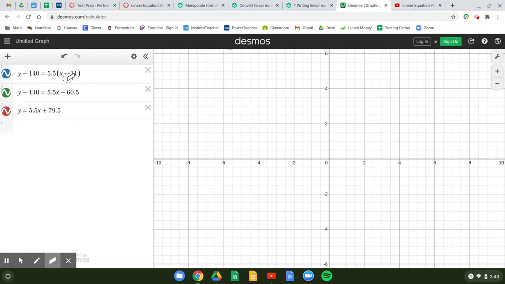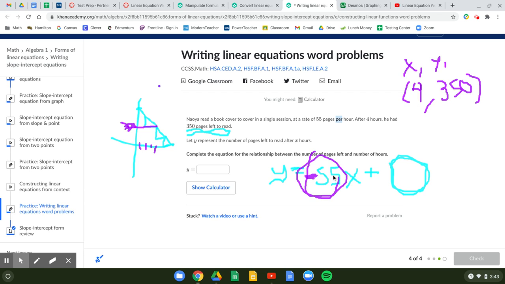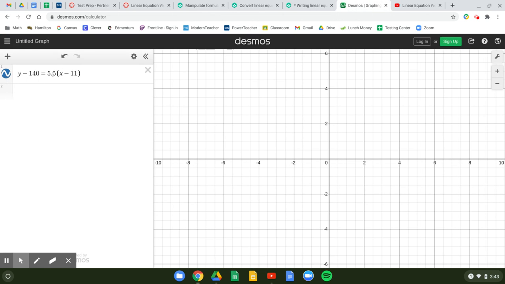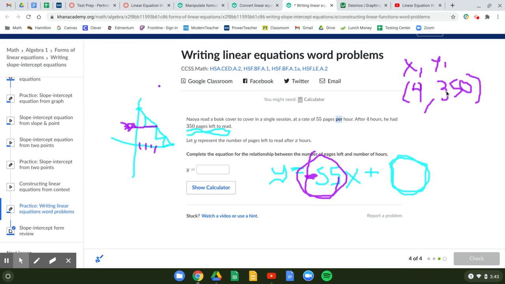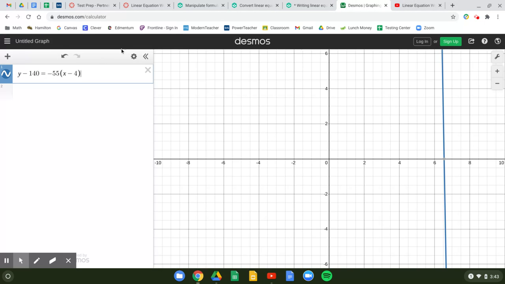So get rid of all my writing. And all right. So I have negative 55 for a slope. My x1 I know is 4. And my y1 was 350.